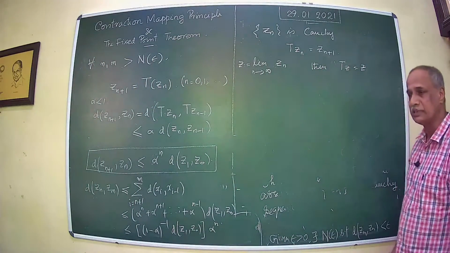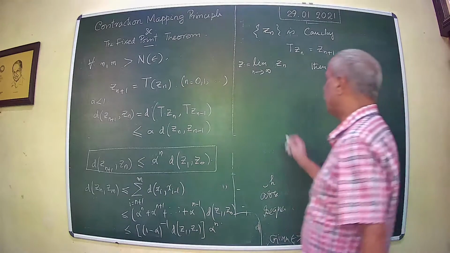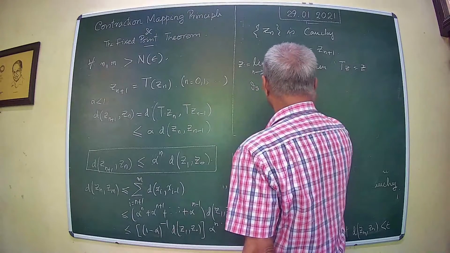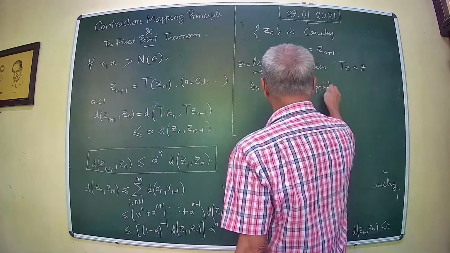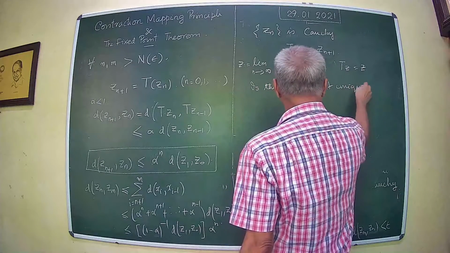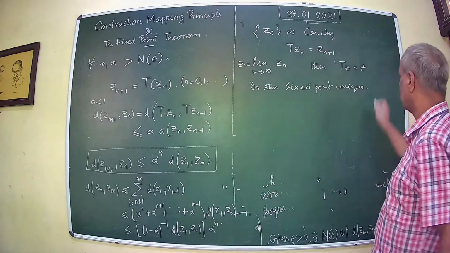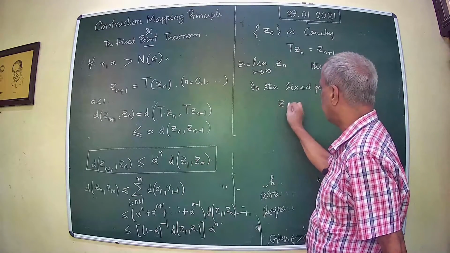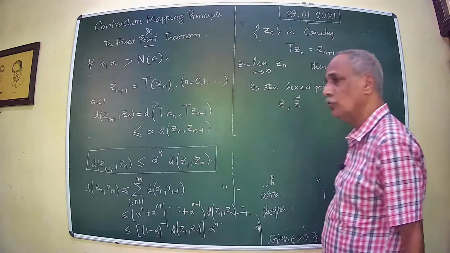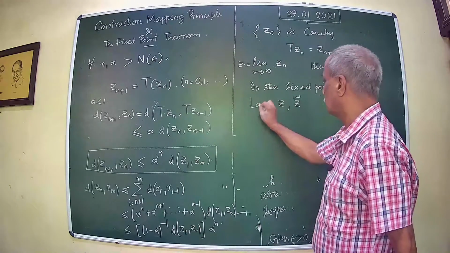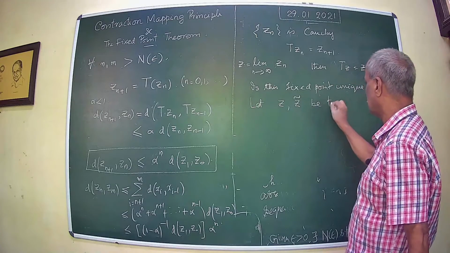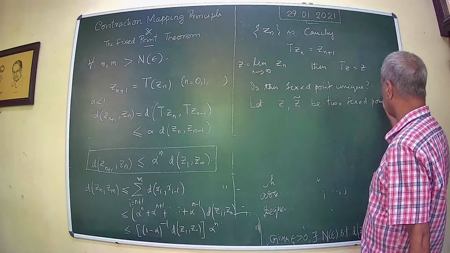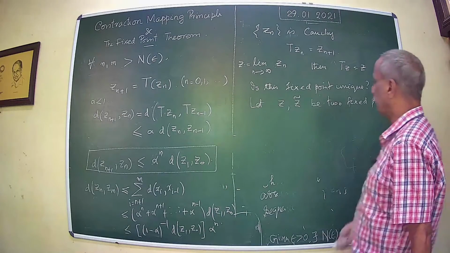Now the next question is, is this unique? Suppose there are two fixed points, say z and z tilde. Then what do you have?